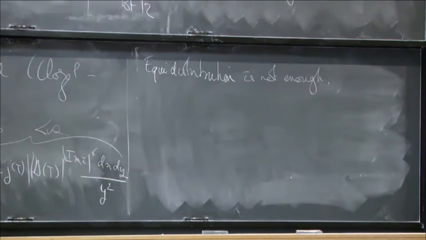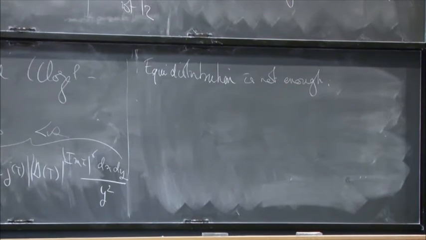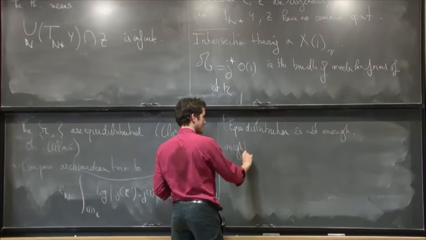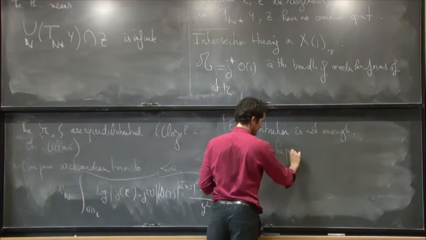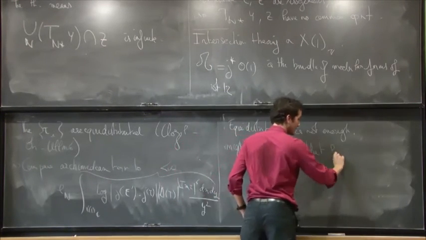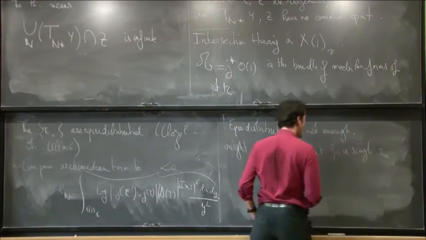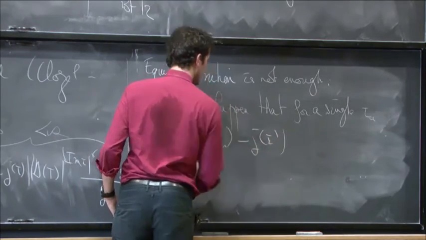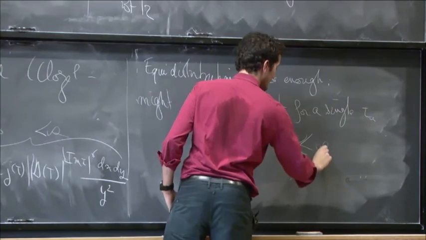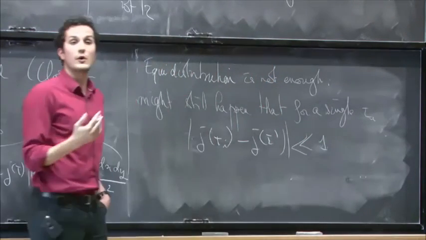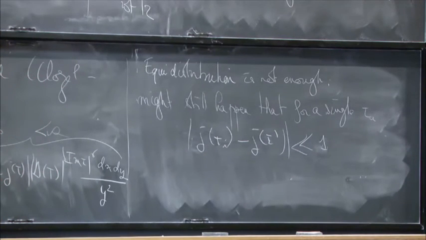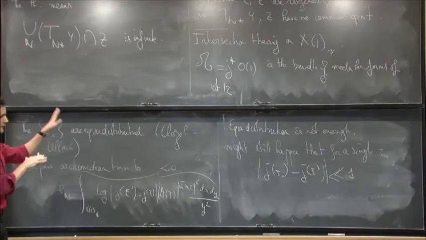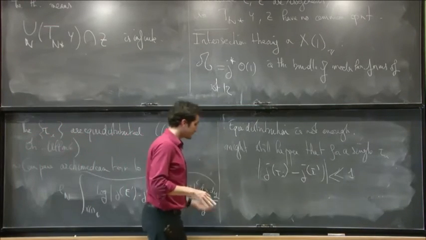Even though the tau_i's are equidistributed in the plane, and even though this integral converges, it might still happen that for a single tau_i, j of tau_i minus j of E prime could be very, very small. So, of course, equidistribution does not tell you that you can approximate the integral of any function. Right, and so let me back up a little, and then I'll explain all the pieces that need to be fit together.